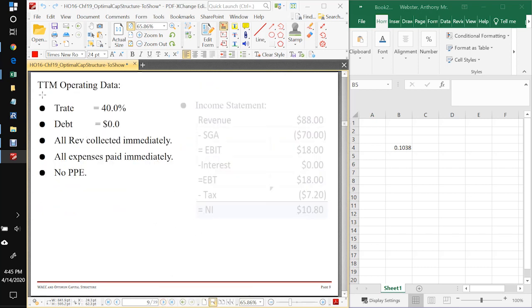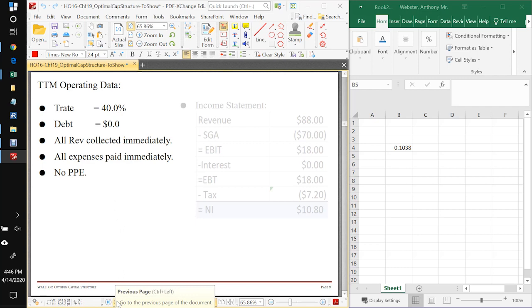Okay, so TTM operating data: how's it been doing for the past year? Its tax rate has been 40%, and since it's a stable company, that will be true going forward. It has debt equal to zero, as we just noted. All of its revenue is collected immediately, all of its expenses are paid immediately, so that super simplifies the accounting. There's no accounts receivable, no accounts payable. It's got no PPE, so we don't have to worry about depreciation.